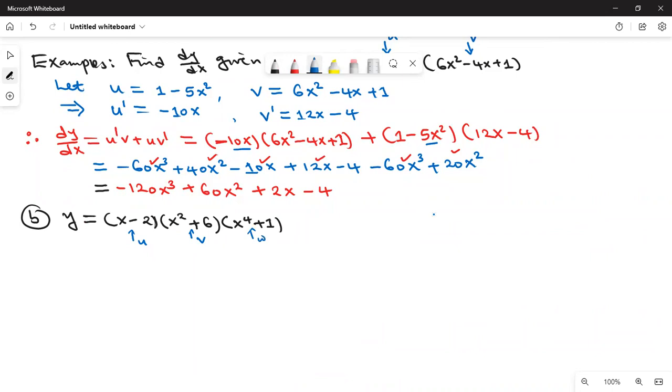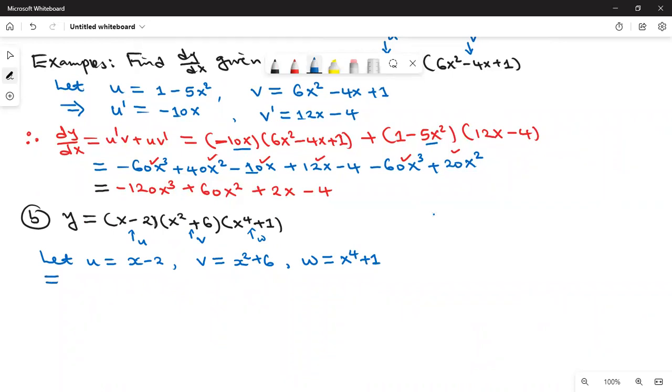So you say let u be equal to x minus 2, our v is x squared plus 6, and our w is equals to x raised to 4 plus 1.